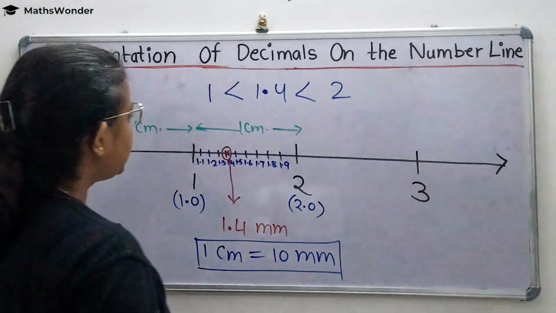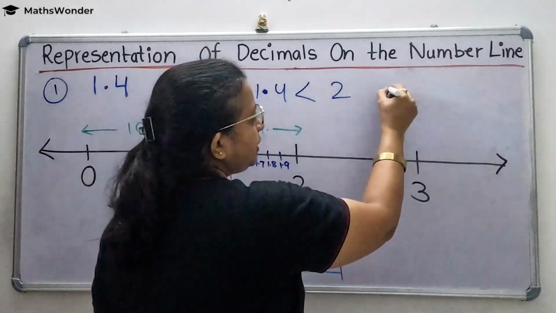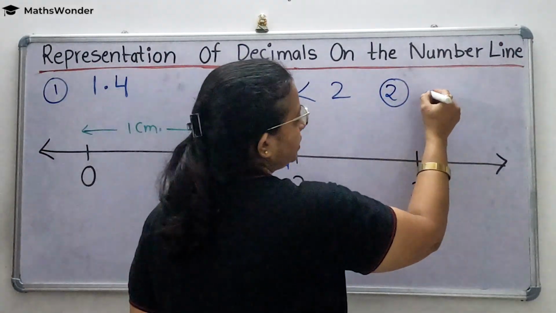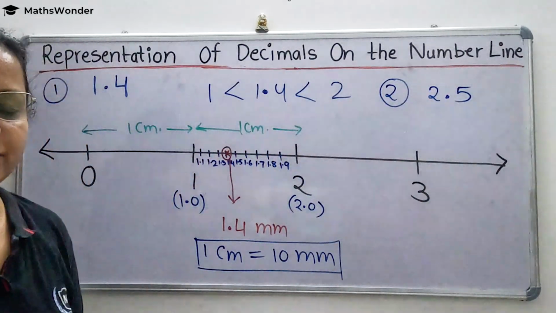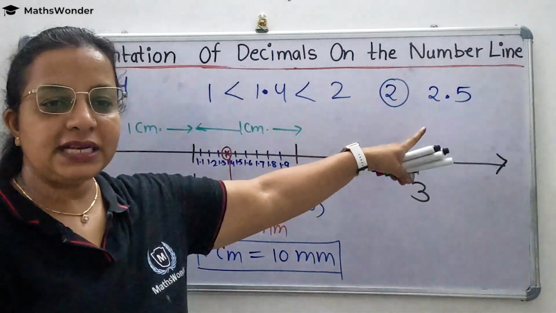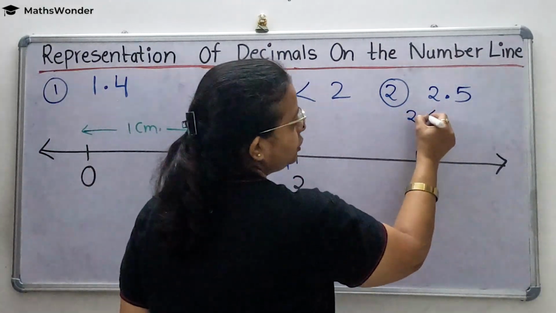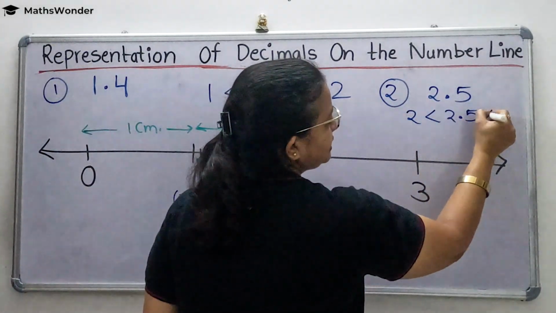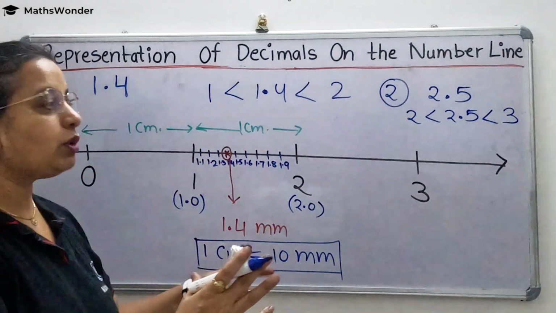Suppose you have to represent, as the first example, 2.5. 2.5 is greater than 2 but less than 3, right? That means it will be represented between 2 and 3.